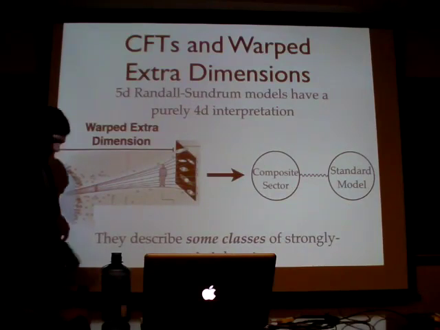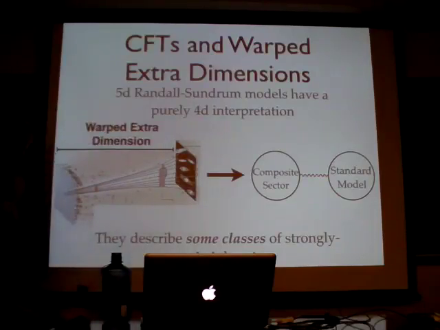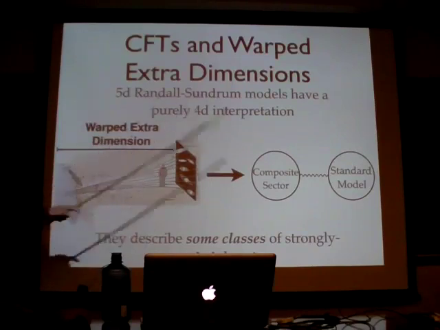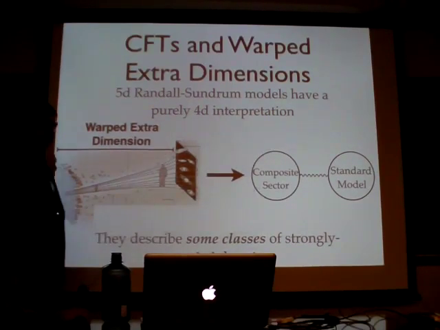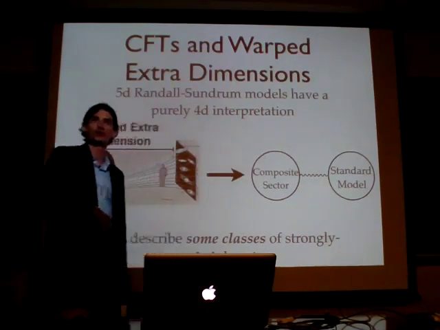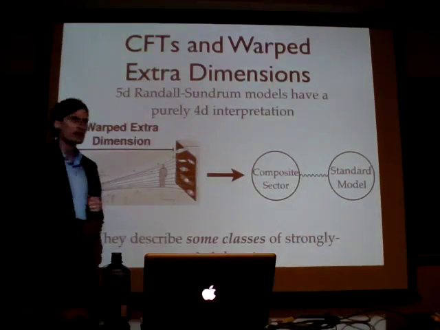And this is where I personally got into this question of conformal field theory, by studying Randall-Sundrum models. I wanted to understand how wide a class of strongly coupled 4D physics this was allowing us to explore. When we look at 5D models, we make some assumptions. For instance, we assume they're local, that they can be described by a Lagrangian.